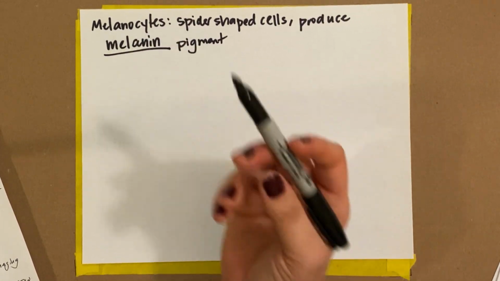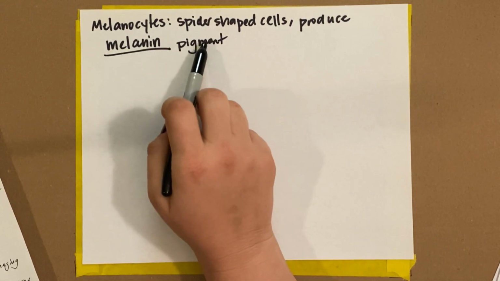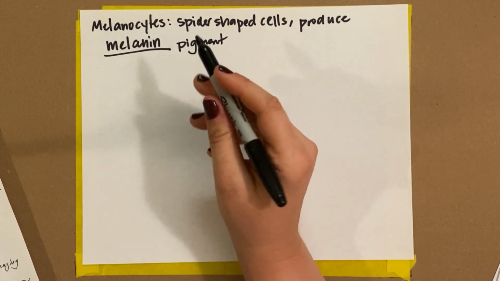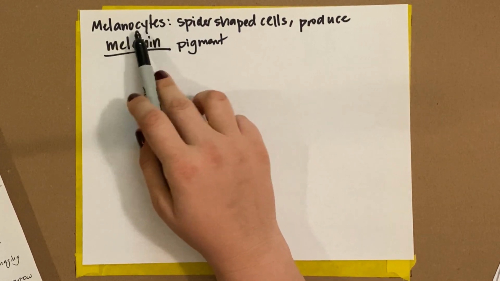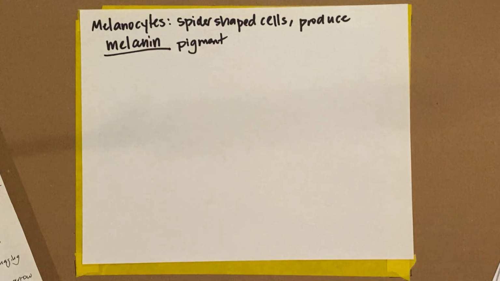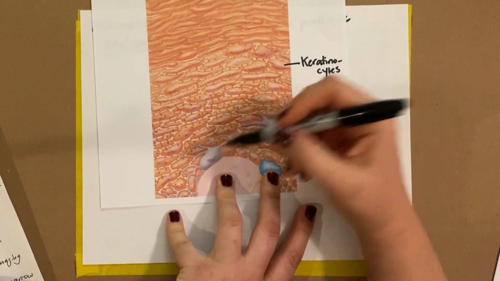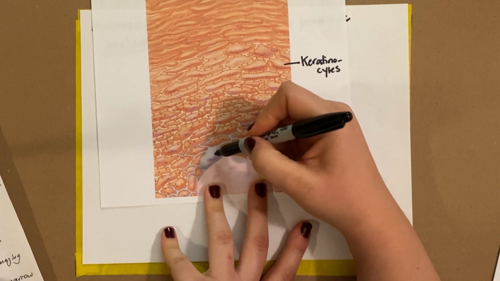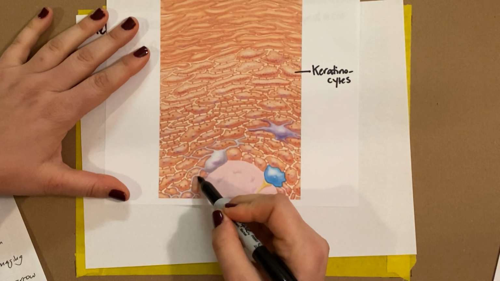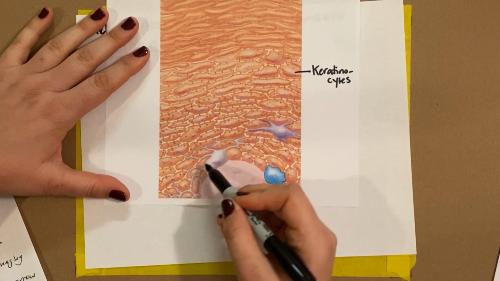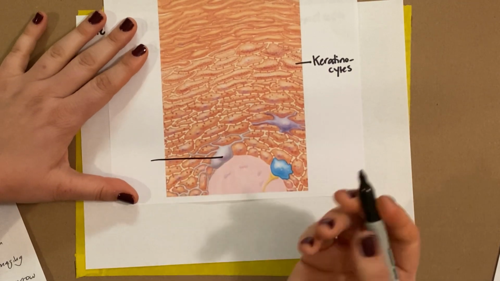Melanin is a pigment that will then invade the keratinocytes, but it's produced in melanocytes. Melanocytes are going to be these other structures. So why don't we just do this right now? This cell right here, this grayish one, and you can see how there are these little projections that go through. These are going to be the melanocytes. So we'll label that.